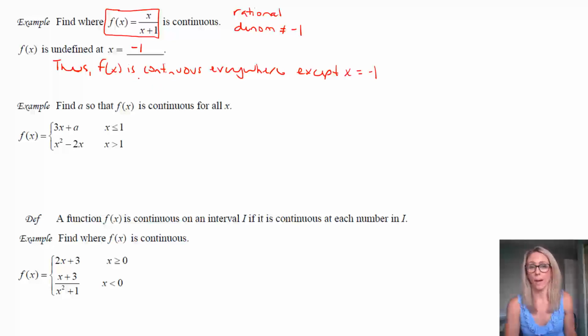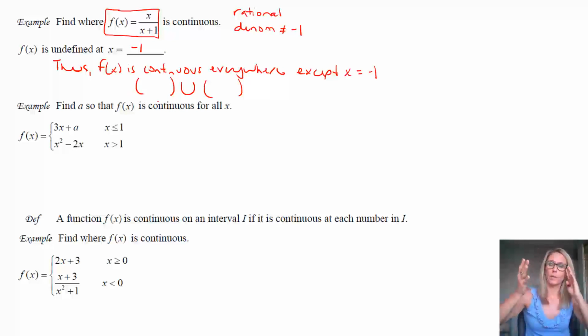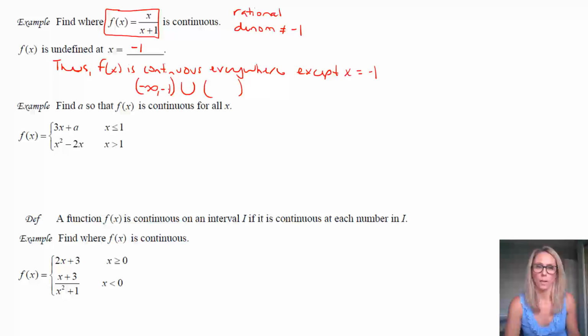If you were to think about interval notation, we can go from -∞, put in any value all the way up to -1. -1 is a problem. And then we could go from the other side of -1 all the way out to infinity. And so, like I just said, this would be how you could show this in interval notation.